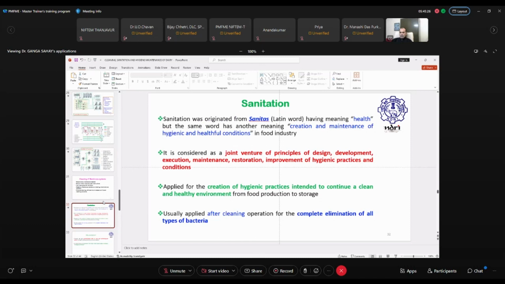Now, coming to sanitation. Sanitation originated from the word sanitas, meaning health, but the same word has another meaning, that is the creation and maintenance of hygienic and healthful conditions. So it is considered a joint venture.